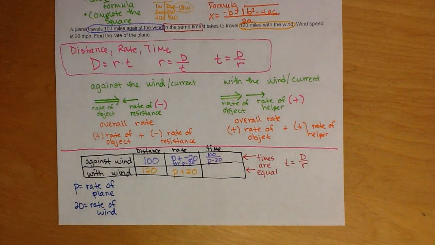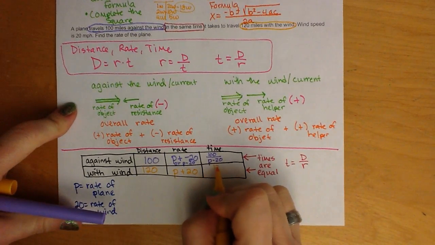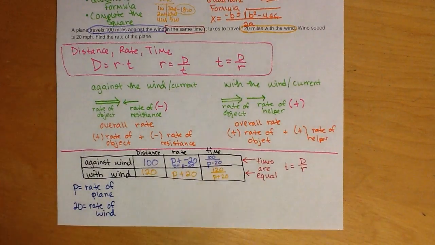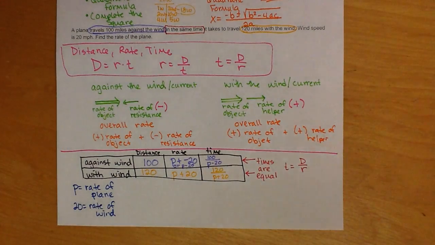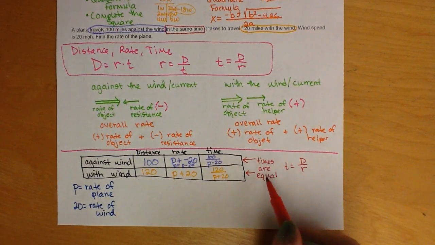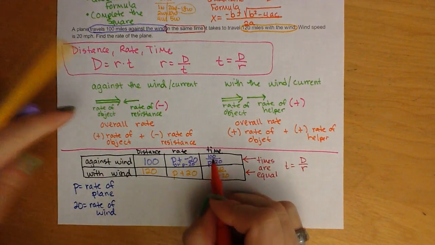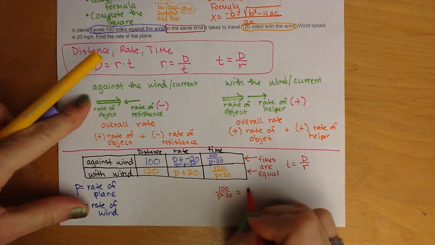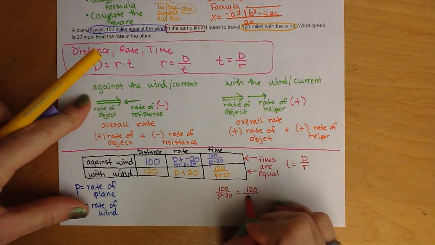When I'm going with the wind, it's going to be the distance of 120 divided by the rate of P plus 20. And then I can set those two times equal to each other. So I have 100 divided by P minus 20 equals 120 divided by P plus 20.